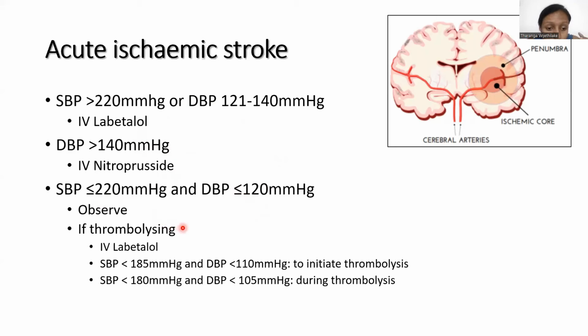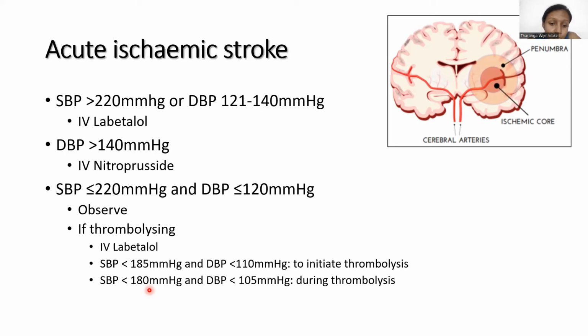But if you are going for a thrombolysis, you must get down your systolic blood pressure to less than 185, diastolic blood pressure to less than 110 to start your thrombolysis. And during thrombolysis, we bring it down by a further 5 millimeters mercury. Those of you who are working in neurology units, especially in the teaching hospitals, will be handling thrombolysis of acute ischemic strokes.